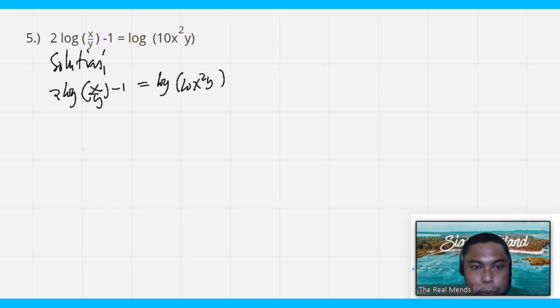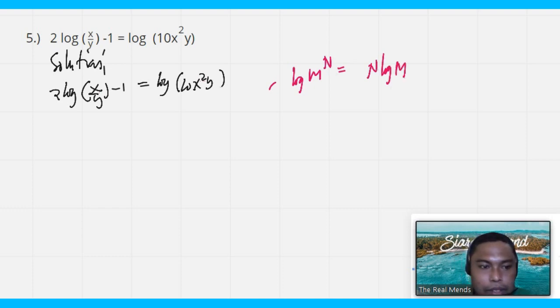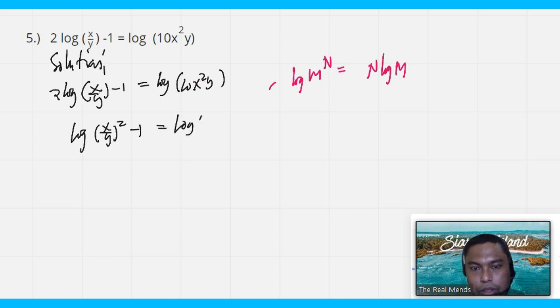First, we need to apply the properties for this first variable. Again, we all know that if we have log of m raised to n, this is just equal to n log of m. So therefore, this part I can write as log of x over y squared minus 1 is equal to log of 10x squared y.